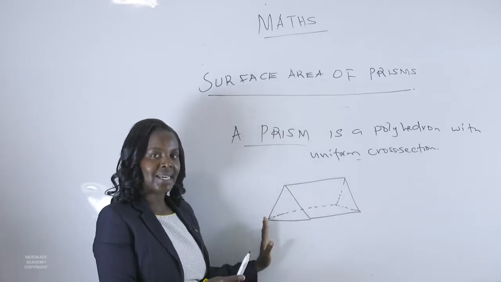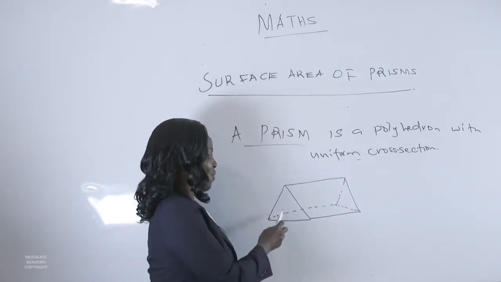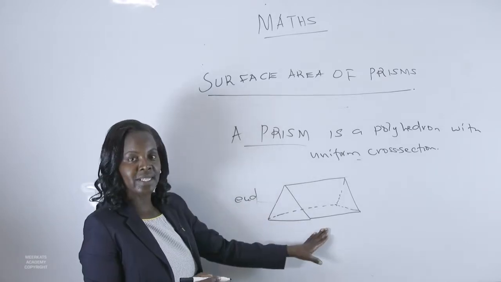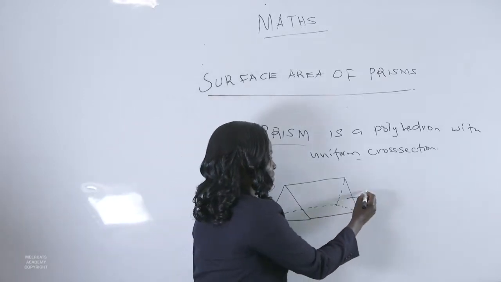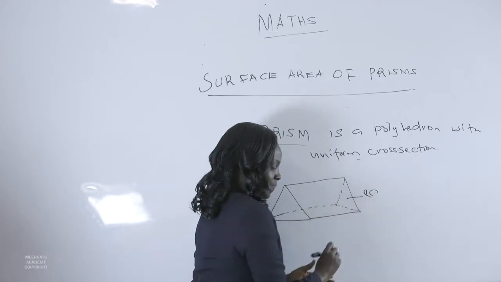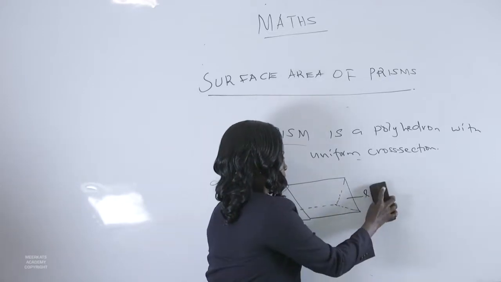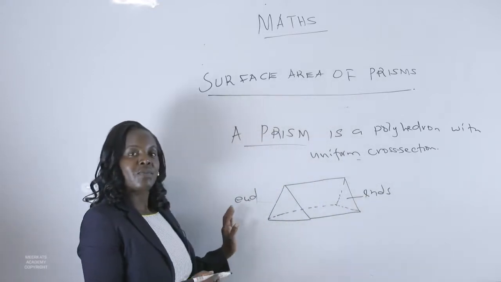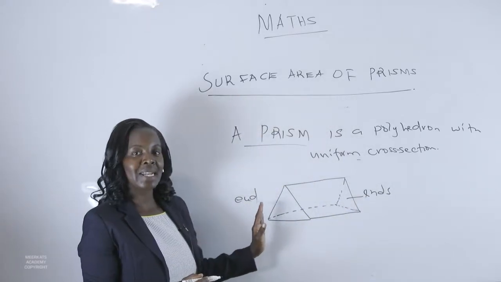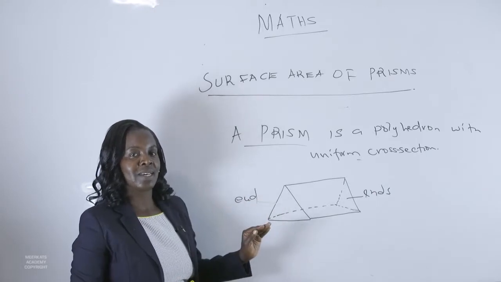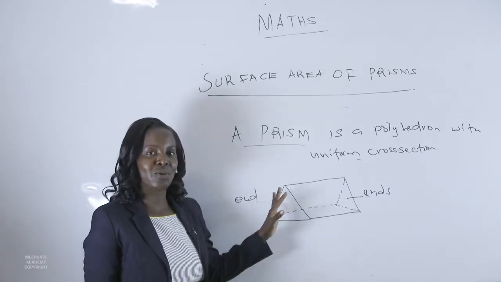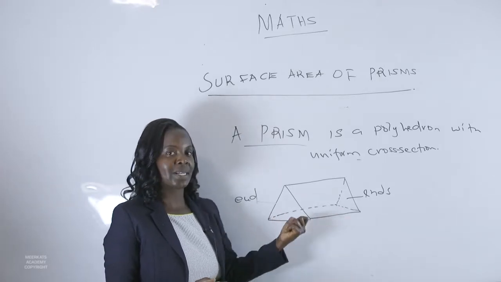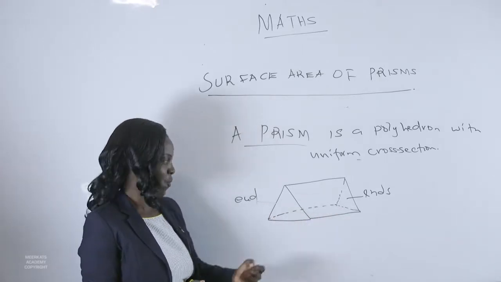There is this end, and there's the other end of this object. The ends of a prism are normally identical, equal, congruent. Ends of a prism are congruent.